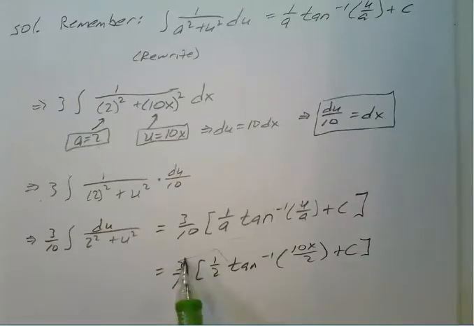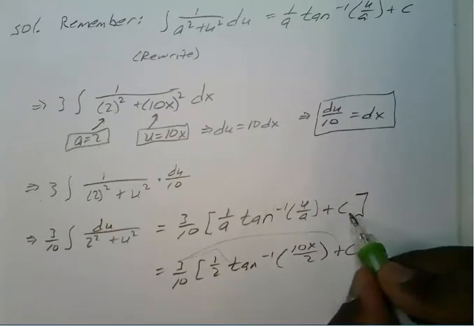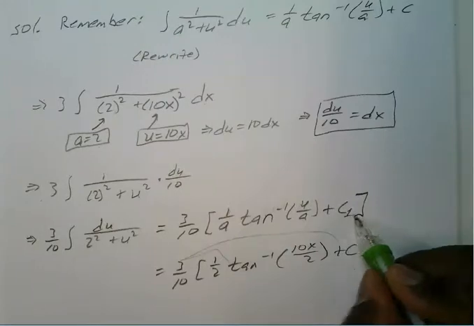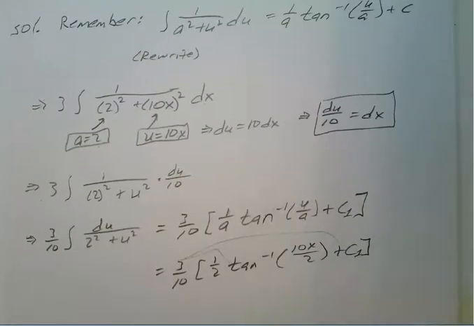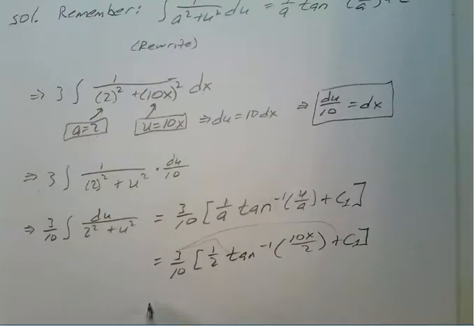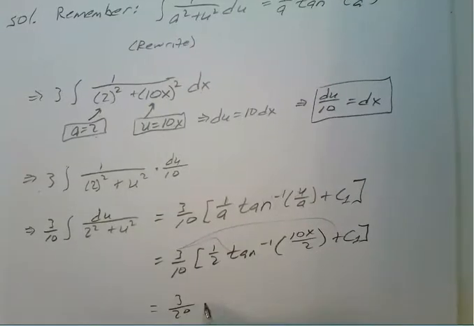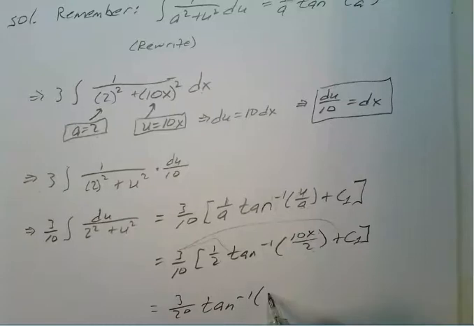Okay, so we go ahead and distribute that 3 over 10. We'll call that constant number 1. Okay, so you have 3 times 1, which is 3. 10 times 2 is 20. So you have 3 over 20, tangent inverse, 10x divided by 2 is 5x.